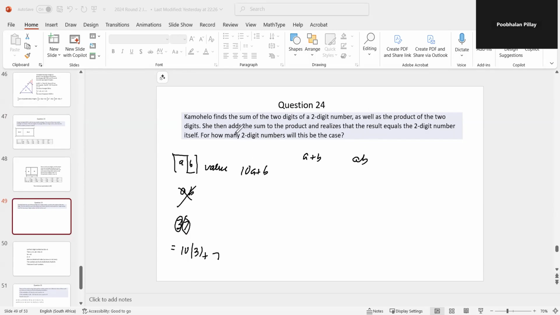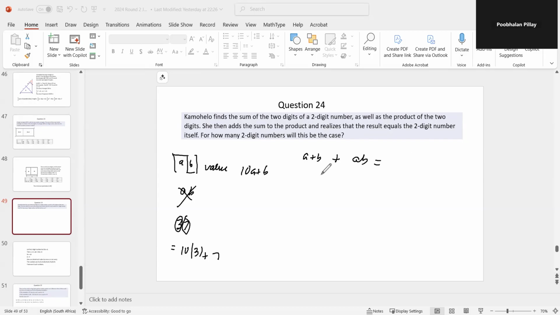So he calculates these two, and then she adds the sum to the product, and realizes that the result is actually equal to the two-digit number itself. So when she calculates this, she comes to the original value.